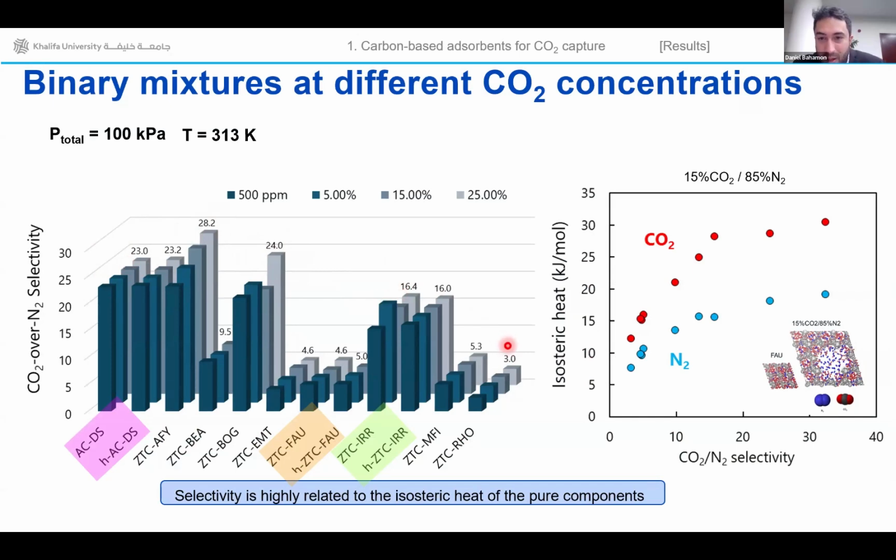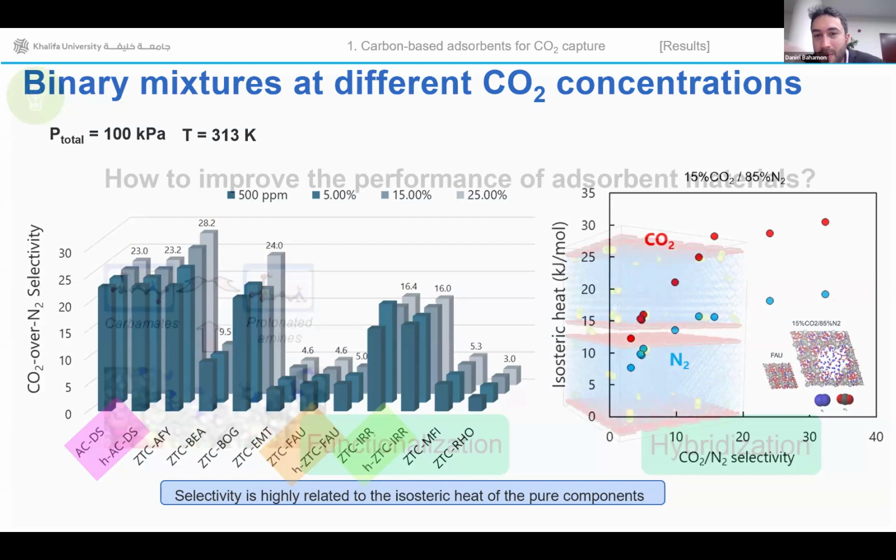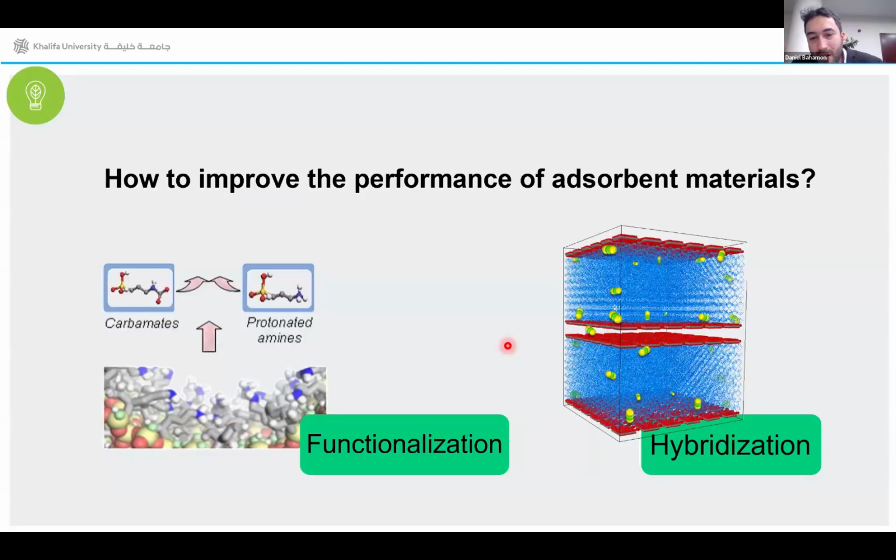So the idea is to start improving this by adding some additional features to the system, like, for instance, functionalization or hybridization of these carbon-based materials with some other well-known materials from the literature. I'll focus right now on the functionalization part.